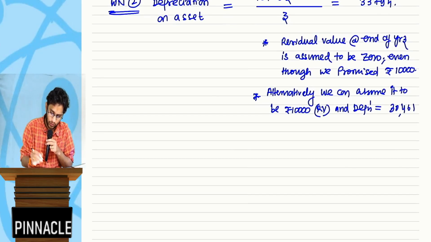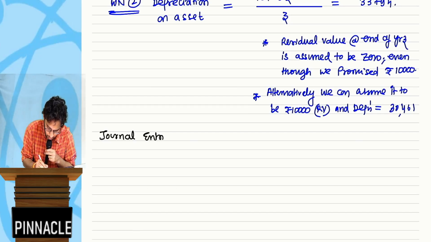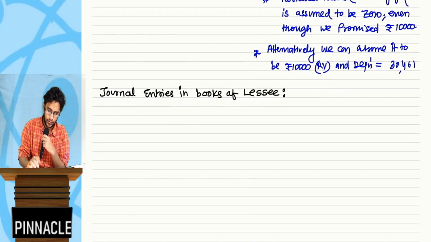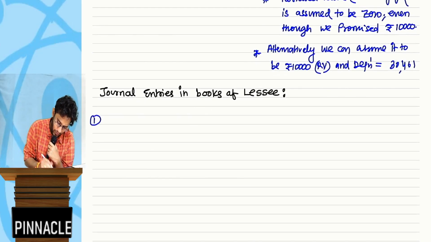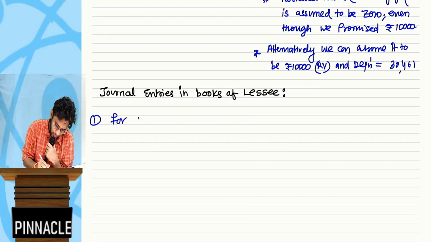Okay, that's it, sir. We are through. We can write the entries. Journal entries in the books of lessee. First day, for asset and liability recorded.